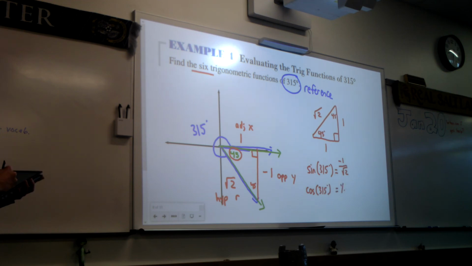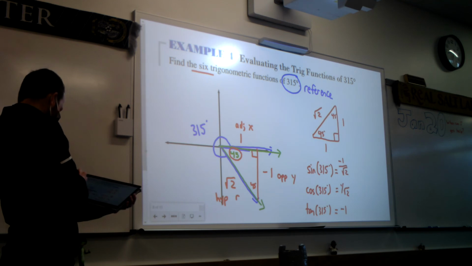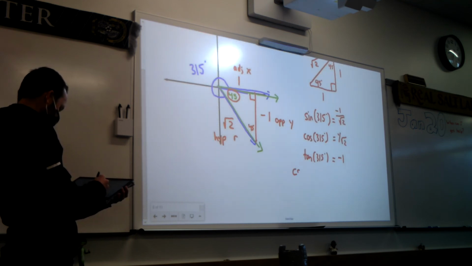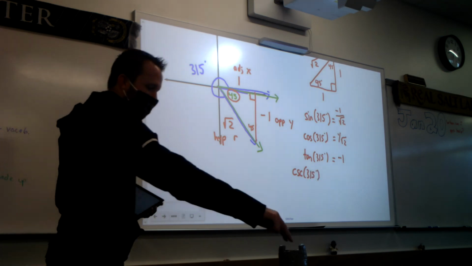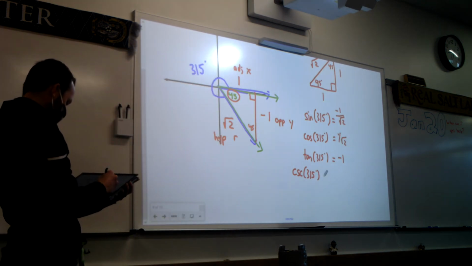And tangent. Which is just negative 1, right? Because we do negative 1 over 1, we'll simplify that. Alright, let's go down. I'm kind of running out of room, but let's go to cosecant, secant, and cotangent. We're going to send that one to Peyton. Peyton, cosecant 315, what are we going to get there?